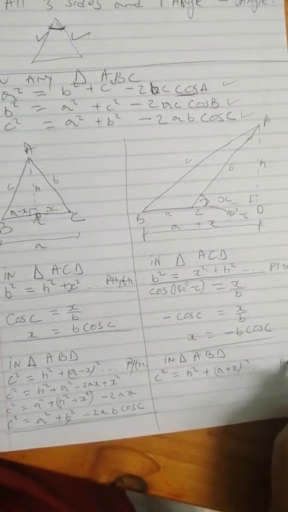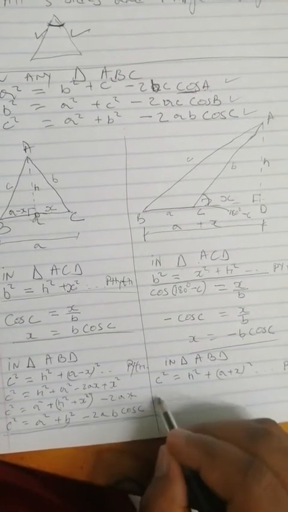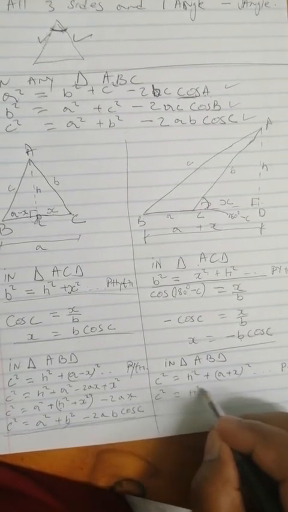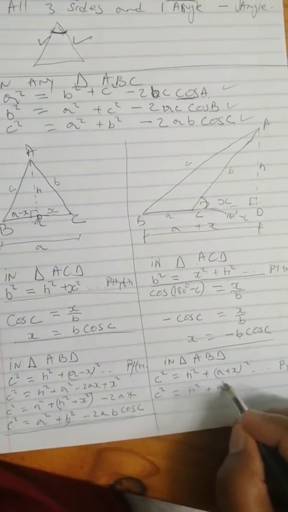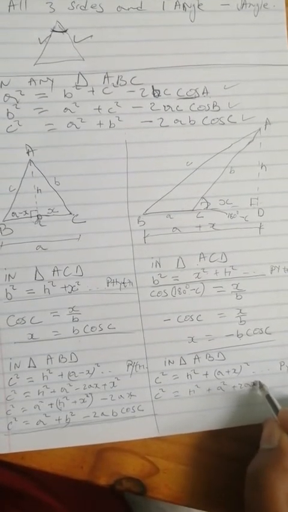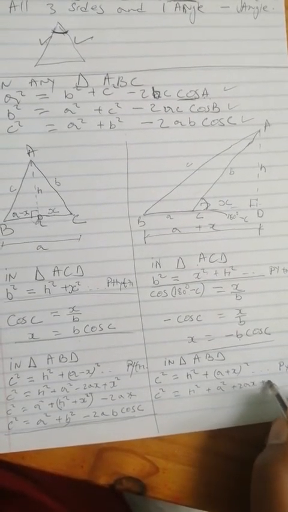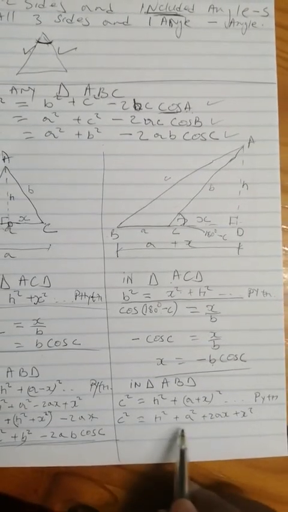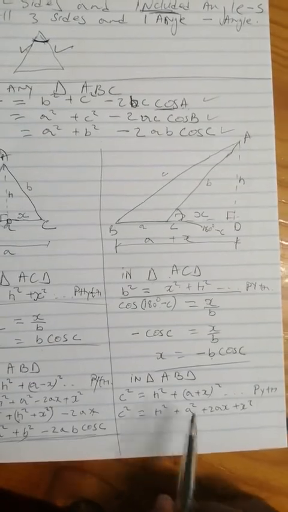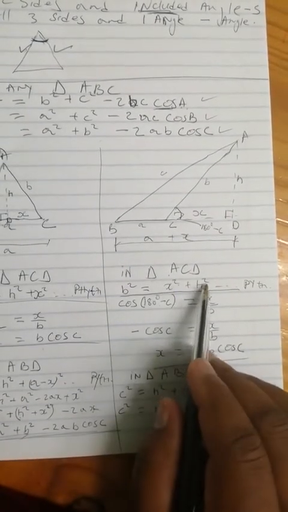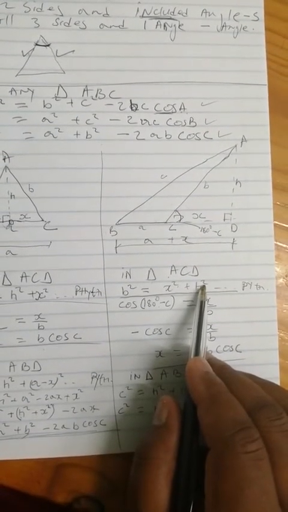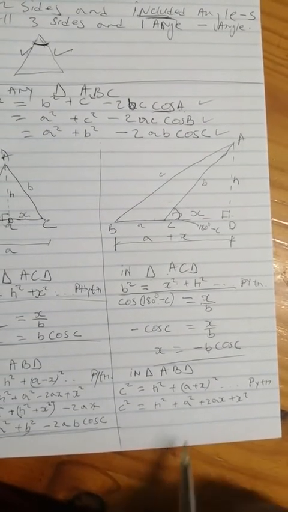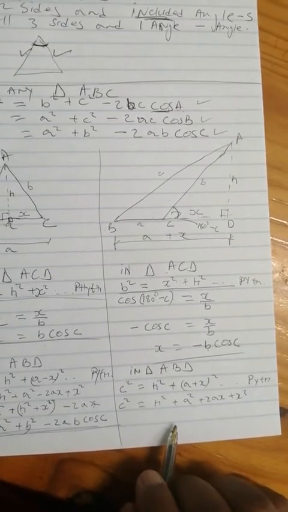That's from Pythagoras. Let's work this out. C squared is equal to H squared plus A squared plus 2AX plus X squared. Now let us write this with the purpose of having X squared and H squared together, A squared and H squared together, or it's already in that manner.